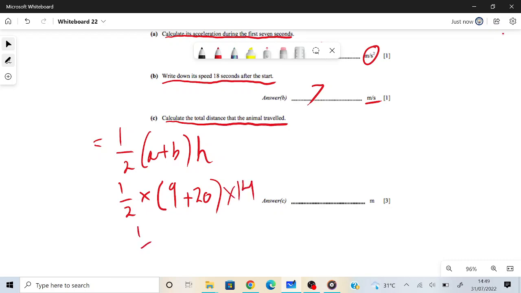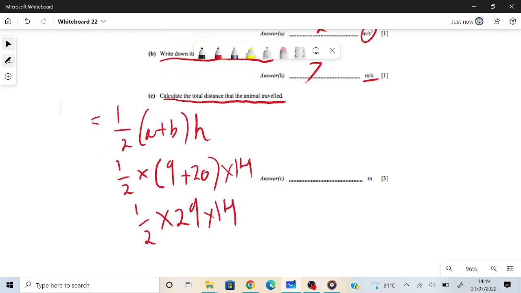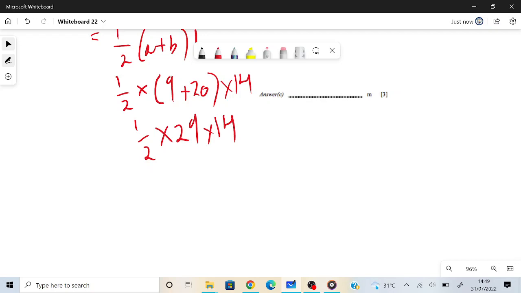So this becomes half times 29 times 14, and doing this in your calculator, this is 203. So the answer is 203 meters.